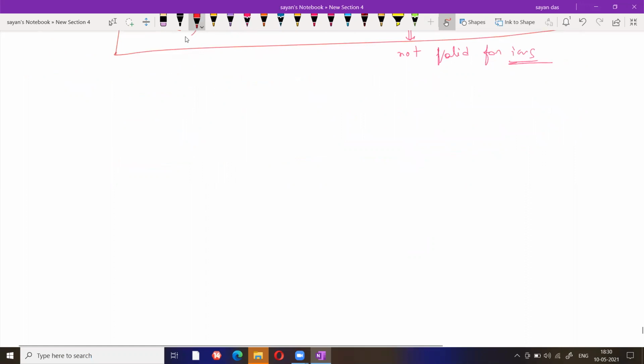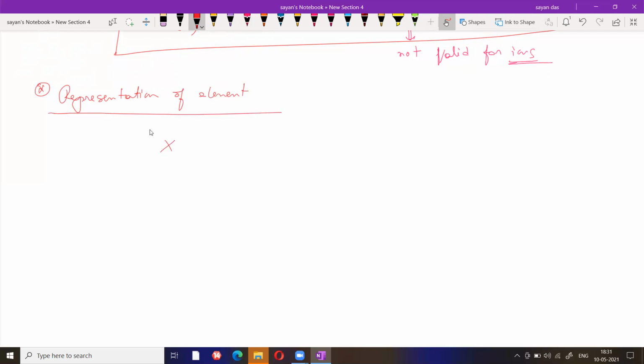Now the representation of an element. Suppose this is X with Z and A. This Z represents the atomic number, this one represents the mass number, and this one is the element. Examples: carbon 12-6, sodium 23-11, uranium 235-92.